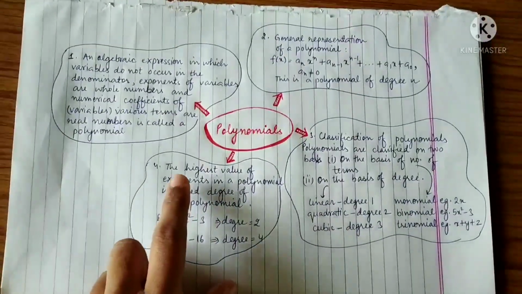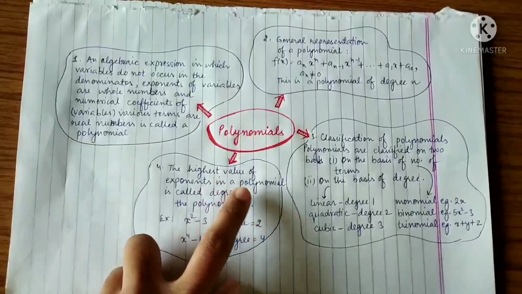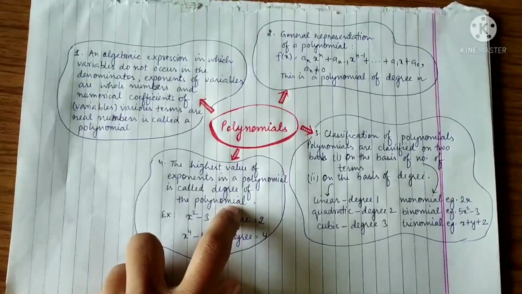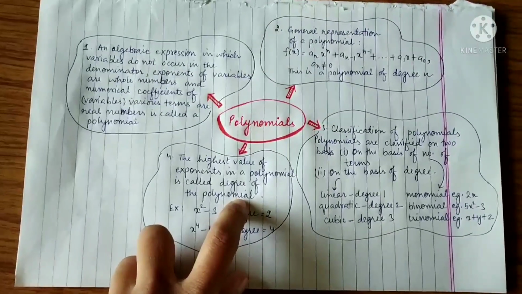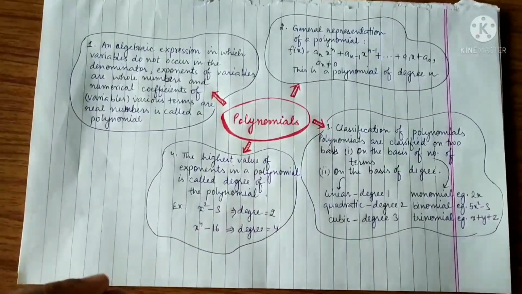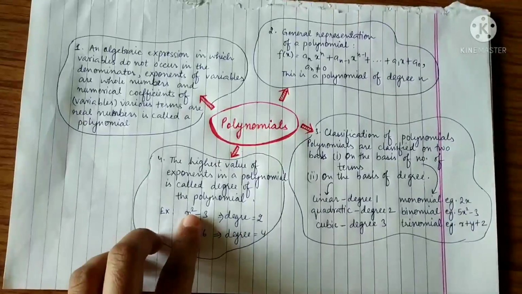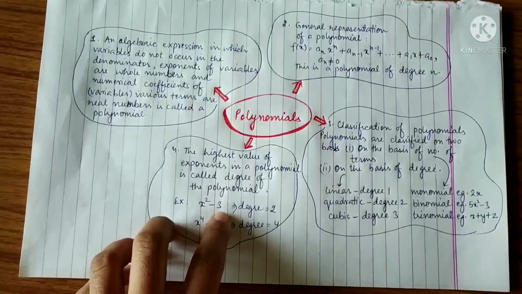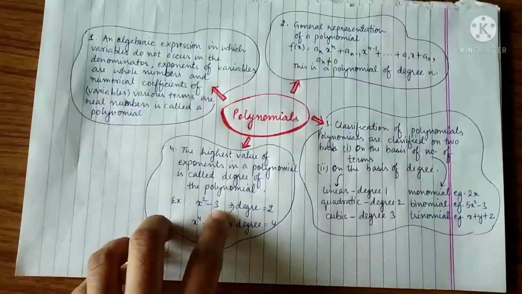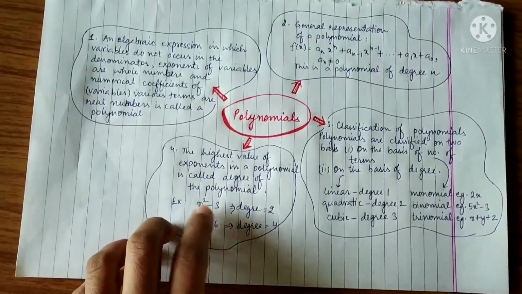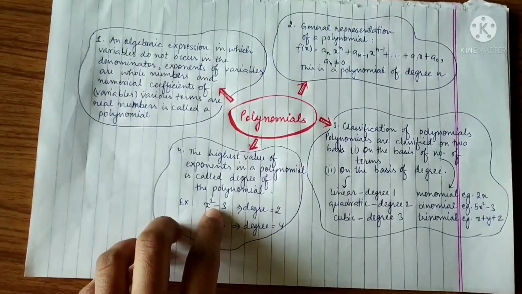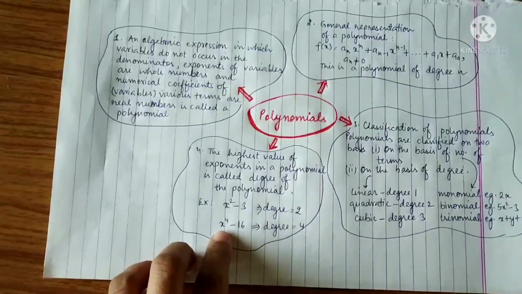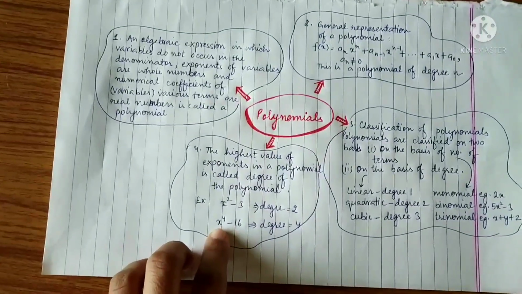Degree of a polynomial can be defined as the highest value of the exponent in a polynomial. The highest power of the variable in any algebraic expression is called the degree of that polynomial. For example, x square minus 3 is a polynomial containing two terms. The highest power of the variable is 2, so the degree of this polynomial will be 2. Same as in the second example, x to the power 4 minus 16.